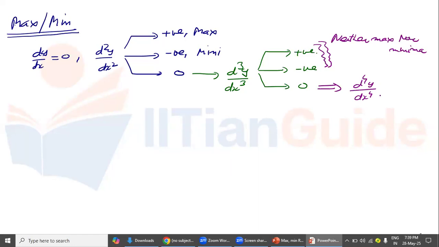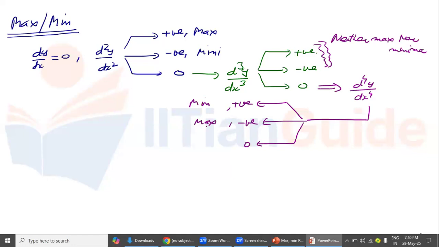But anyway, I will calculate the fourth derivative. It may come positive, or it may come negative, or it may come 0. Again, three possibilities. Okay. In case it comes positive, I can decide, I will say it is minimum. When we are getting a positive value, this is minimum. When we are getting a negative value, I am getting maximum. Okay. If I get 0, then again calculate the fifth derivative.